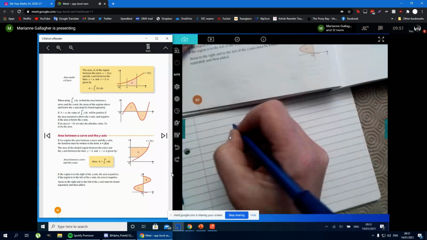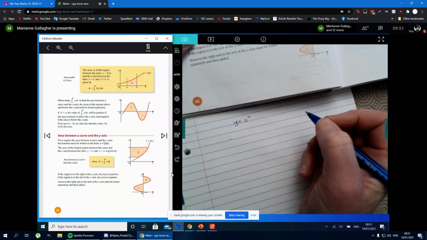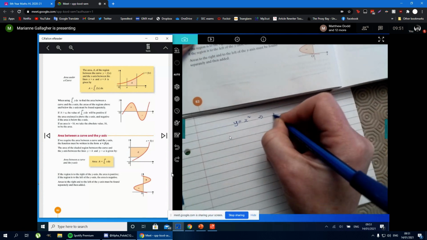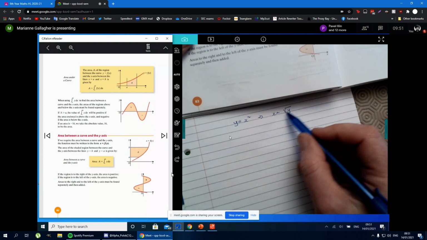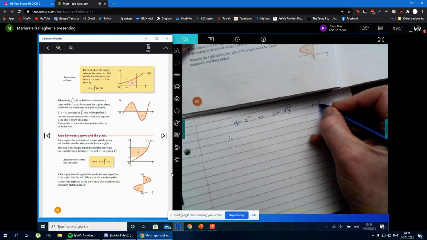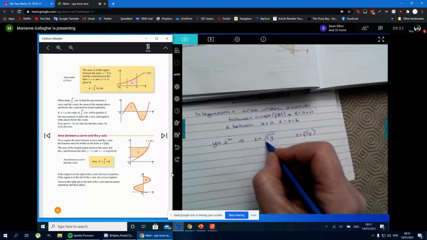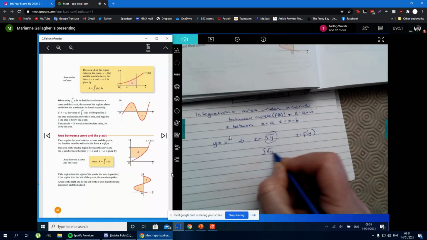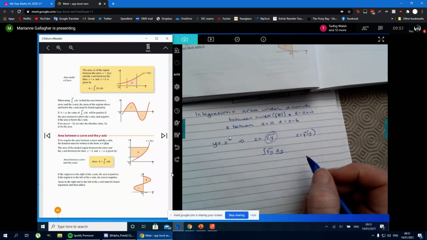So if you had something like y is equal to x squared, say, you need to change that to x is equal to square root of y. So now x is a function of y, okay? So x is equal to f of y. And then you would integrate this one with respect to y. Okay, so you're just changing your variables.